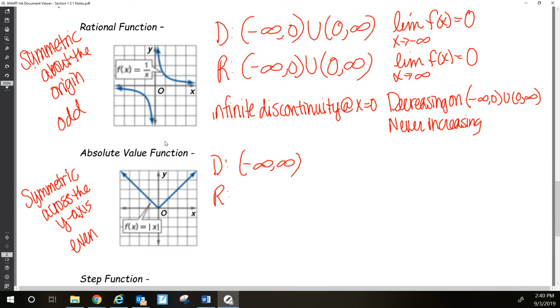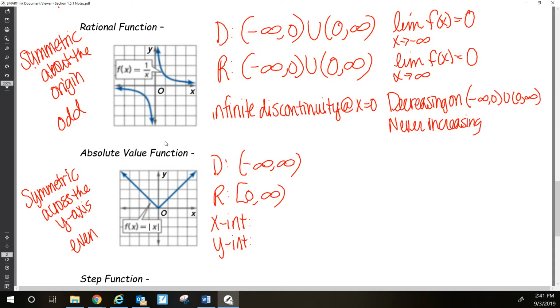What about our range, though? It comes down here to 0 and then back up. So my lowest y value is at 0, including 0, all the way to infinity. Oh, I forgot to mention up here, no x or y intercept because of those asymptotes, right? What about for this guy? Do I have an x-intercept or a y-intercept?